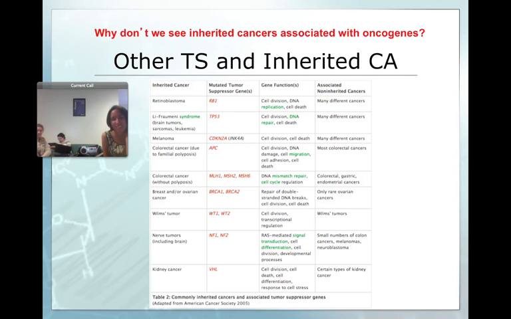If you have RAS going all the time in an embryo, you're in serious trouble. I don't even know if you get to look like a fish. So these are lethal events. Continuous signaling from an oncogene in development would be disastrous, so you really don't see it.